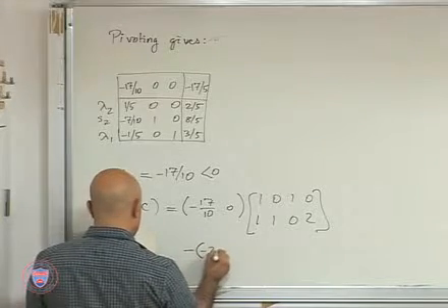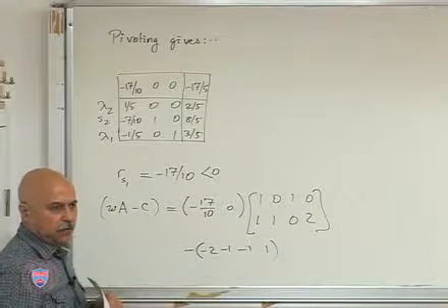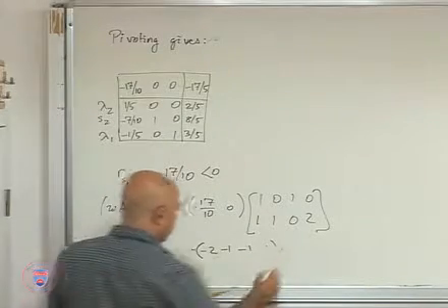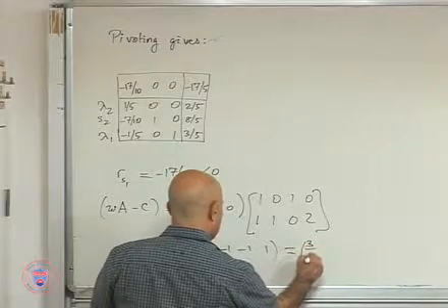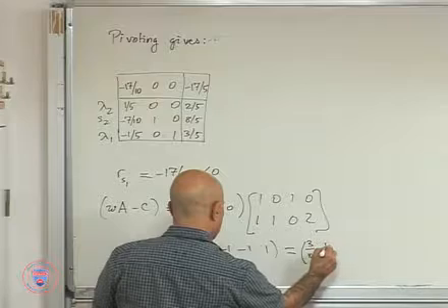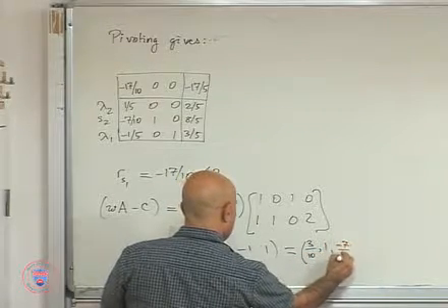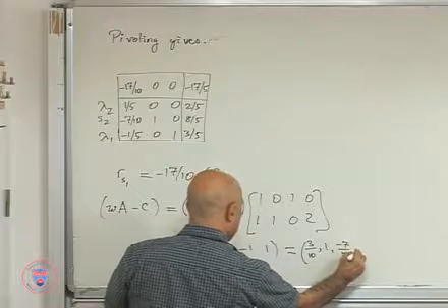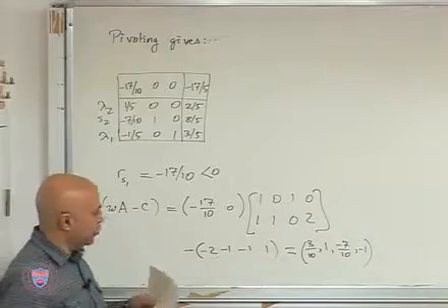I have minus 2, minus 1, plus 1. That's the C vector from the original problem. And the output of this happens to be 3/10, 1, minus 7 over 10, and minus 1. That's your cost vector for the subproblem solution.